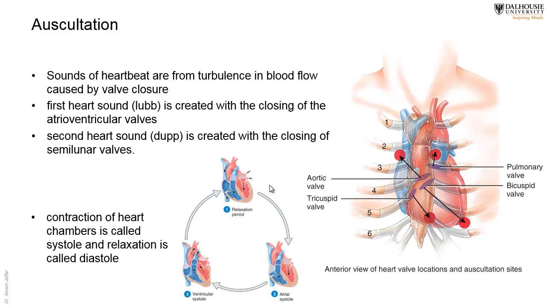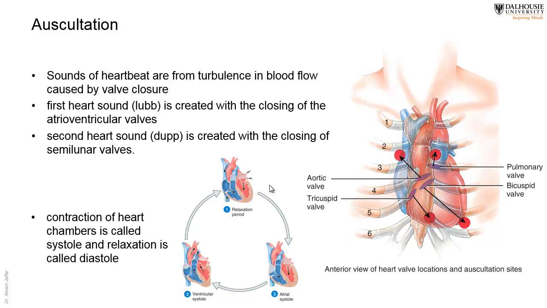So with auscultation, you hear the heart sounds. These heart sounds are produced by closure of the valves. When the valves are closed, they become tense, and so they produce a sound. The first heart sound is produced by the closure of the atrioventricular valves, the bicuspid and the tricuspid valves, which is usually heard as lub, and then the dub, which is the closure of the aortic and pulmonary valves.